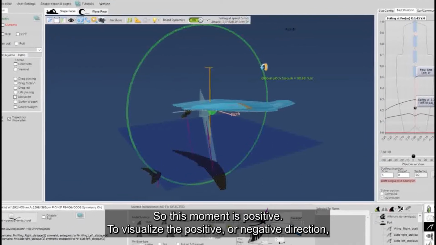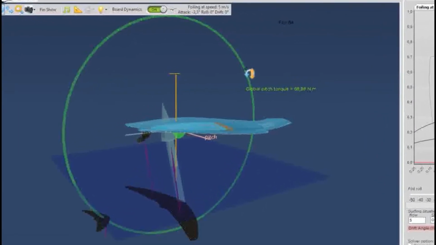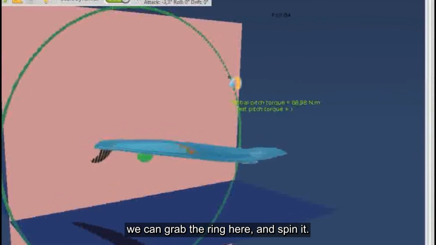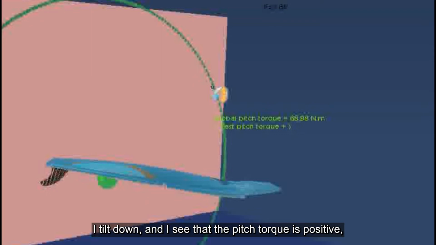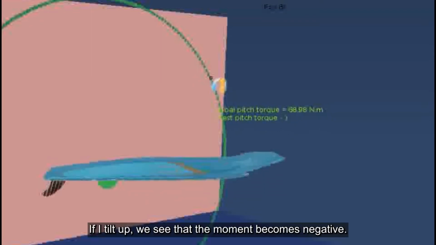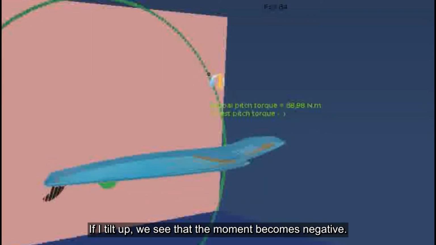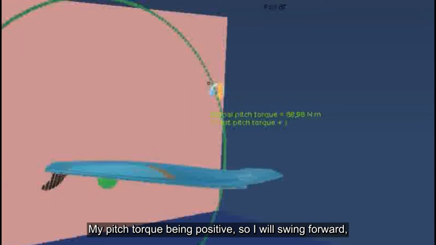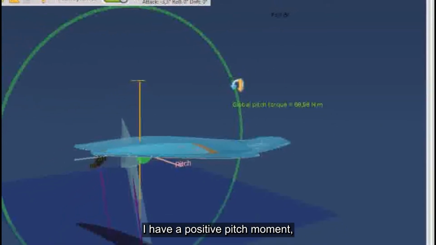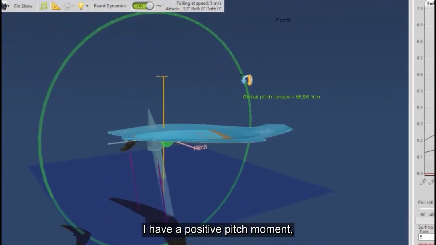To visualize the positive or negative direction, we can grab the ring here and spin it. I tilt down, and I see that the pitch torque is positive. If I tilt up, we see that the moment becomes negative. My pitch torque being positive, I will swing forward.